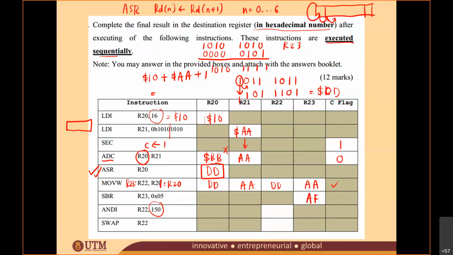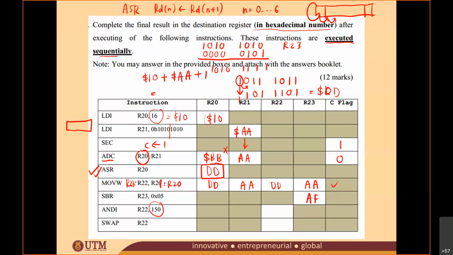Let's say you don't have any calculator. So what are you going to do? Can somebody tell me how to change from decimal number to binary? Let's say you don't have any calculator with you. How?